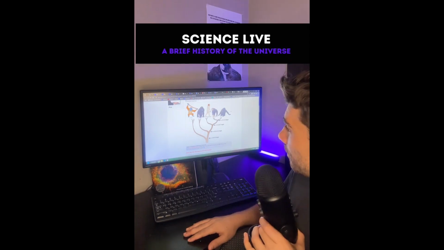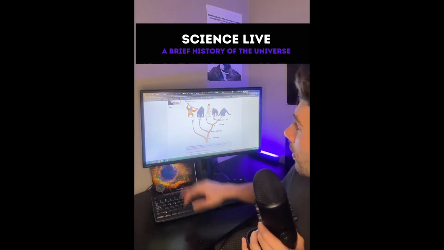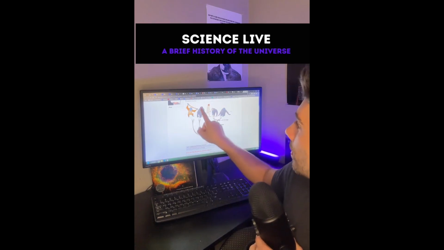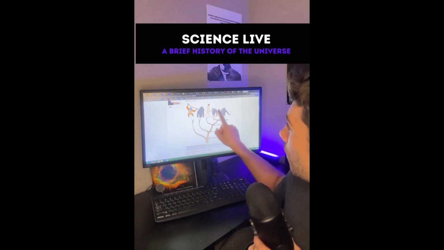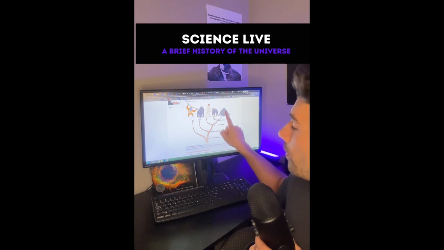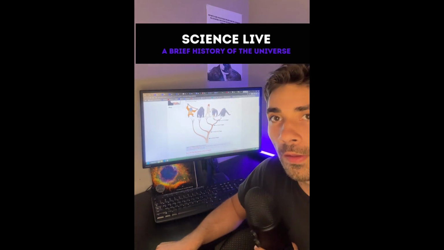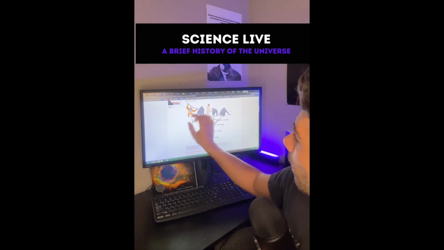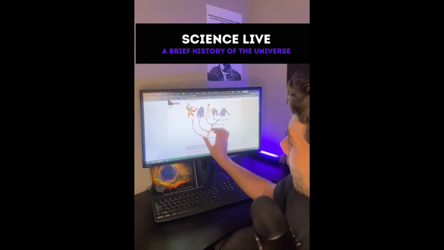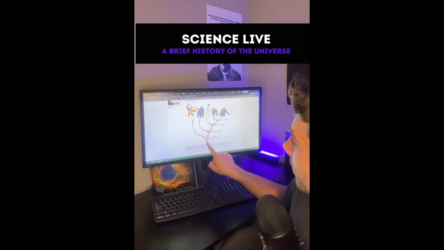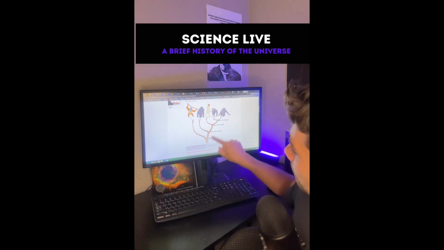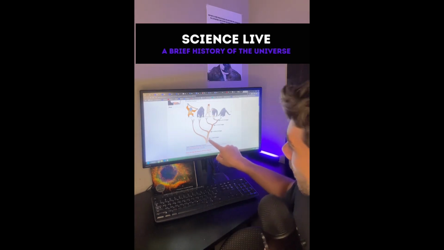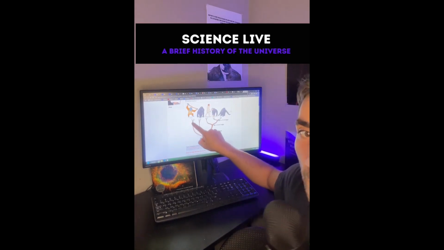But how? Well, in today's world, we see all these apes. Okay, we see orangutans, gorillas, humans, bonobos, chimpanzees. These are all modern apes. However, if you notice, they all share a common stump. So you can see the ape back here about 10 million years ago, it split off into different species.